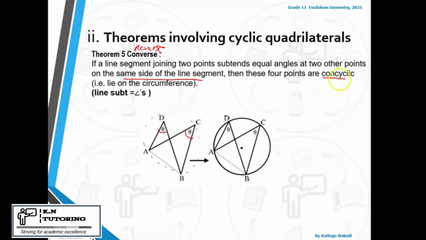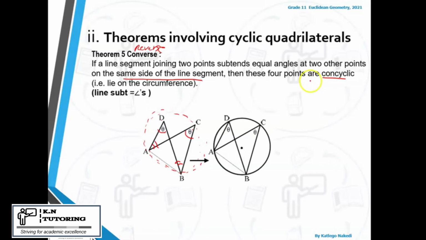That's why we say this thing is a cyclic quadrilateral. So if this angle is equal to this angle, and again this angle is equal to this angle, even though they are not passing through a circle, just know that there's an imaginary circle that is passing there. Hence, this thing becomes a concyclic quadrilateral.